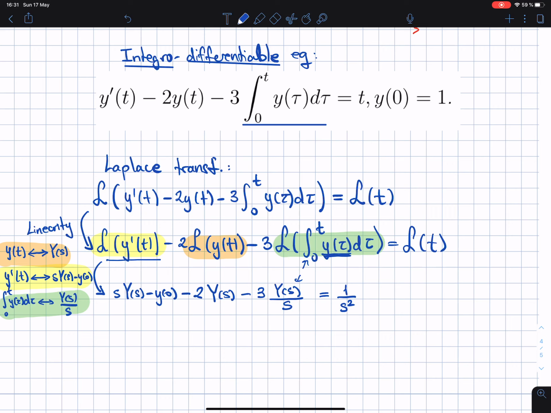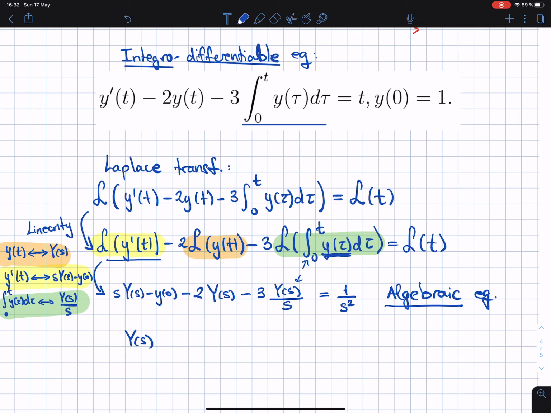Now, here, we already solved the integro-differential equation in the sense that there are no derivatives and no integrals at all. Now, I will solve this algebraic equation. What we have now is an algebraic equation where the unknown is capital Y of s.